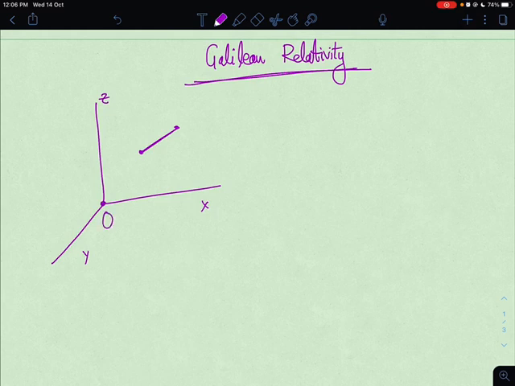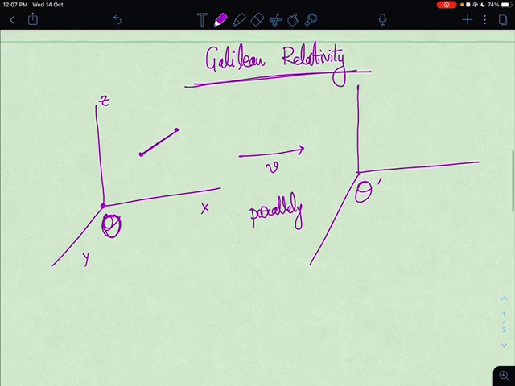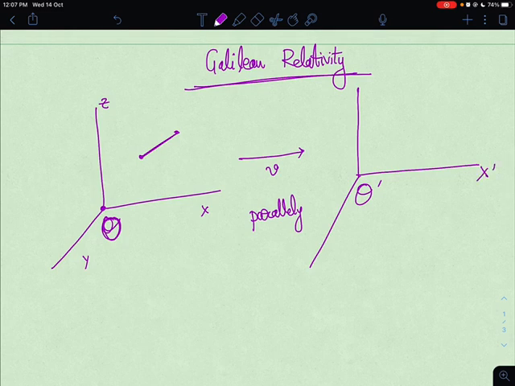Suppose this frame moves in the x direction with uniform velocity, and there is another frame of reference, which I call theta prime, with axes x prime, y prime, z prime, and now you have another vector here.